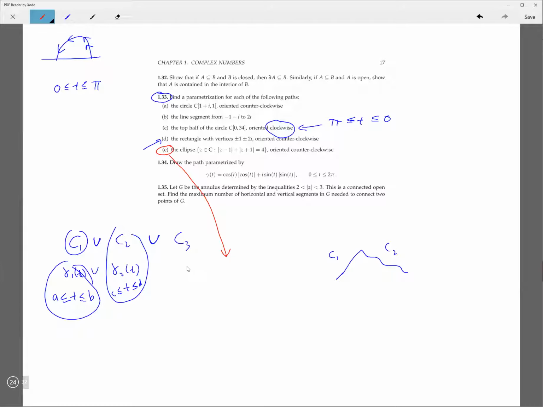This is tricky. I don't remember off the top of my head how to do this, but let's go for it.